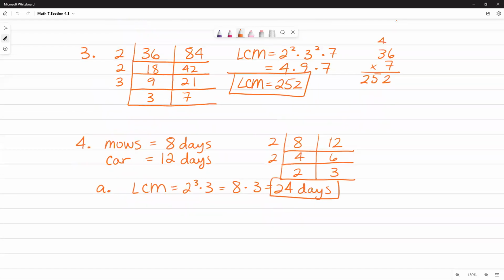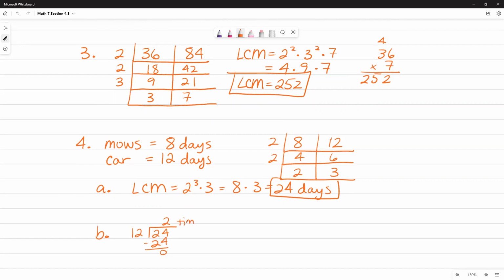All right, so the second question was, how many times will each job need to be done within that time period? Well, 12 times what equals 24? So he's going to be washing the car 2 times within those 24 days. And how many times is he going to be mowing the grass? 3, right? 8 times 3 equals 24. So again, we already know our answer, but we can do the math so we know if we're right or wrong, right? 2 goes into 24 2 times.